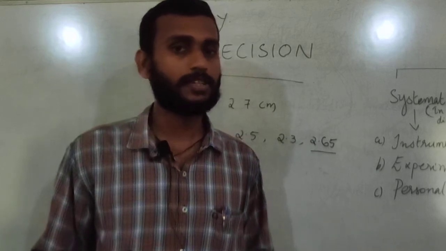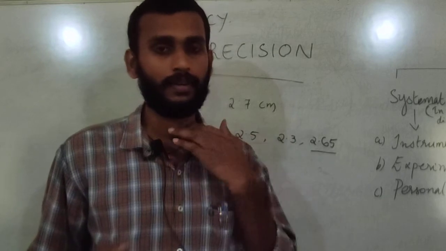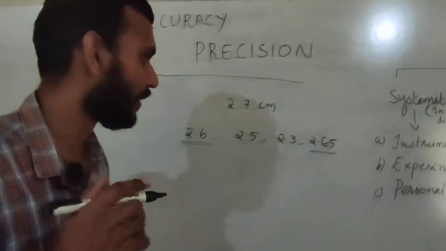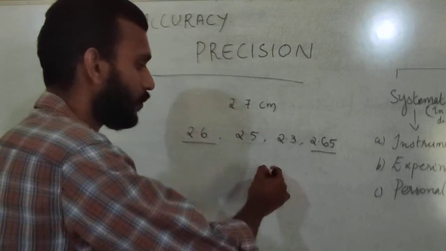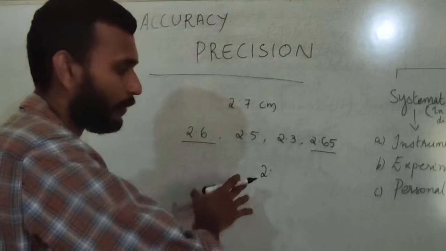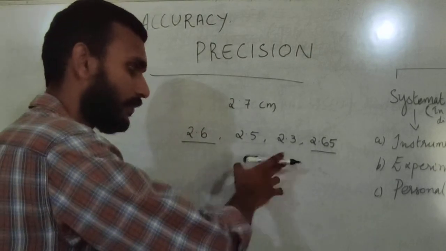Instead of that centimeter scale, if you are using a vernier caliper, then there will be 2 decimal places. Suppose you are measuring a material of length 2 point something, and we do not know how many digits there are after the decimal point.